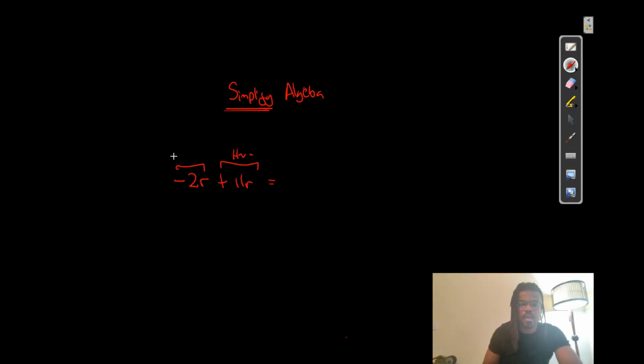So remember, if something has a negative in front of it, you owe somebody something. If you only have a positive, you have it. So I owe you 2 radios. I have 11. Can I pay off how much I owe you? Yes. So then I would have a positive number here. Take the bigger number, subtract the smaller number. That gives me 9. I'm going to have 9 radios left over. So I hope that's making tons of sense. That's how you're going to apply it.